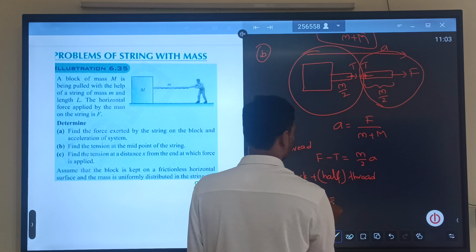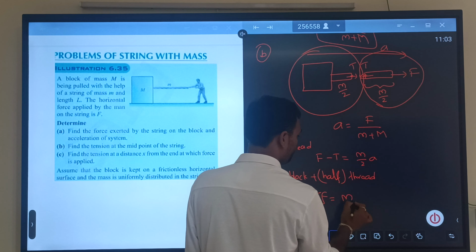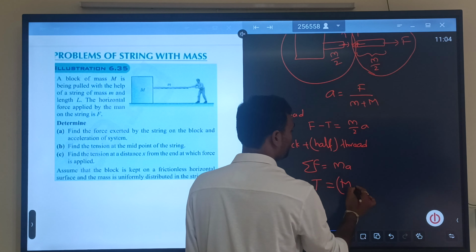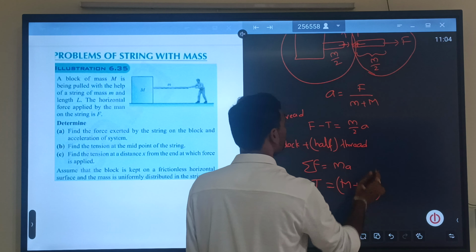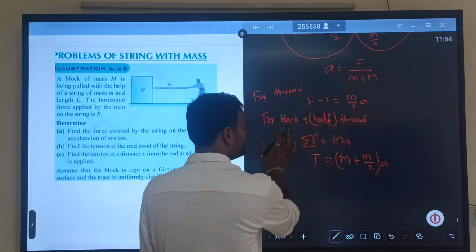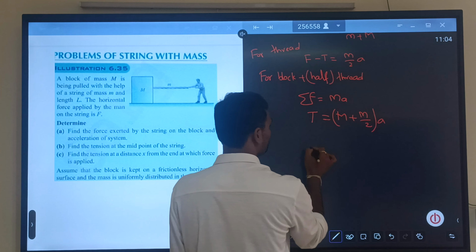Sigma F equals ma, and the only force acting on this system is the tension force, equal to the mass of the block plus the mass of the remaining thread, into the acceleration. We know that the acceleration is F by (M plus m), so T equals (M plus m by 2) into F by (M plus m). This is the tension at the midpoint of the thread.